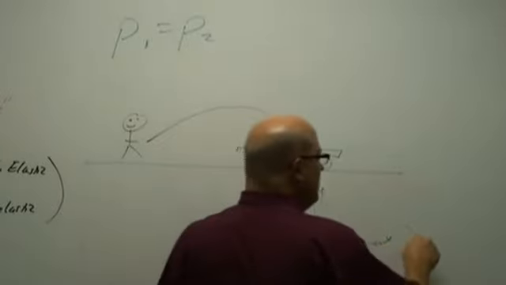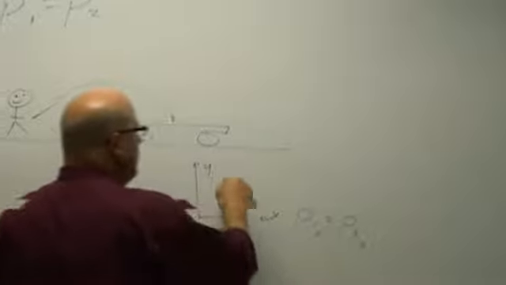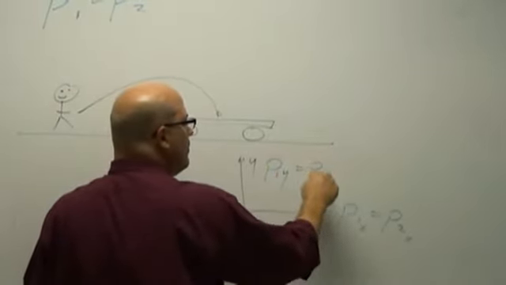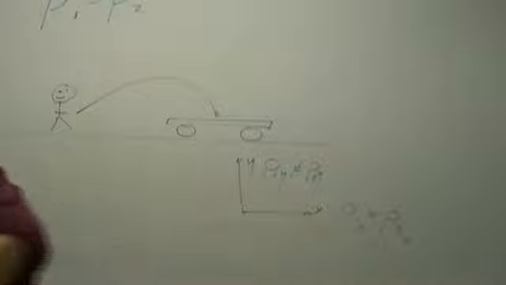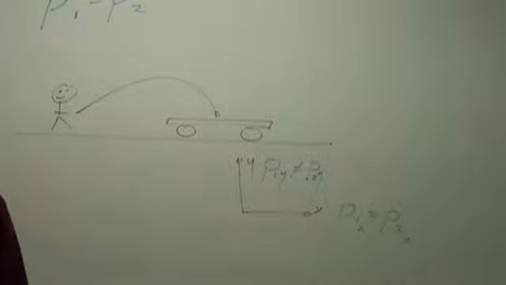We have conservation of momentum in the x direction only, but in the y direction, we don't. Why not? Because there's the earth or the floor or something there keeping it from moving freely up and down. So here's the deal.